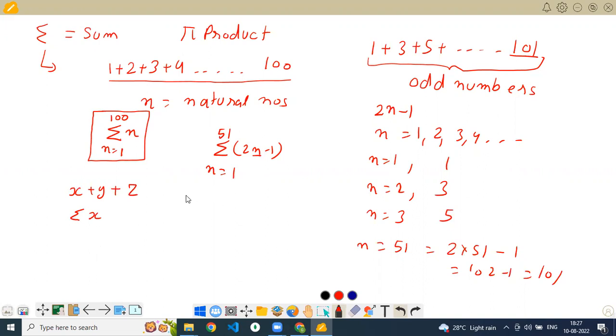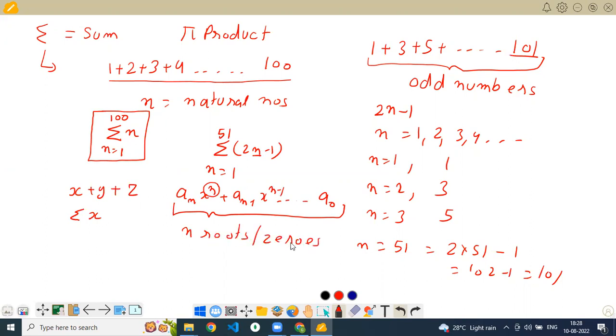Or let's say there's a polynomial equation, a_n x^n plus a_(n-1) x^(n-1) dot dot dot a_0. We know that this polynomial equation is of degree n. So we can say it has n roots or n zeros.